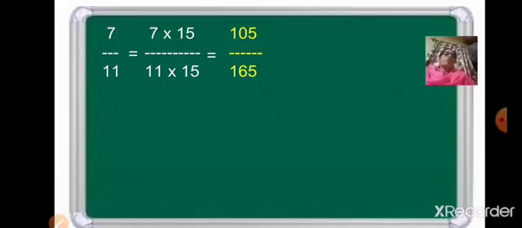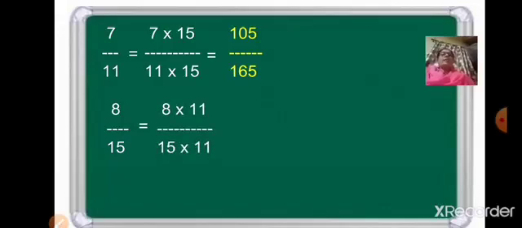Now take the second fraction, 8 upon 15. Same way, 15 multiplied by 11 will give you 165. Now 11 is multiplied to 15, that is the denominator, so 11 will also be multiplied by the numerator 8. So your fraction becomes 88 upon 165.